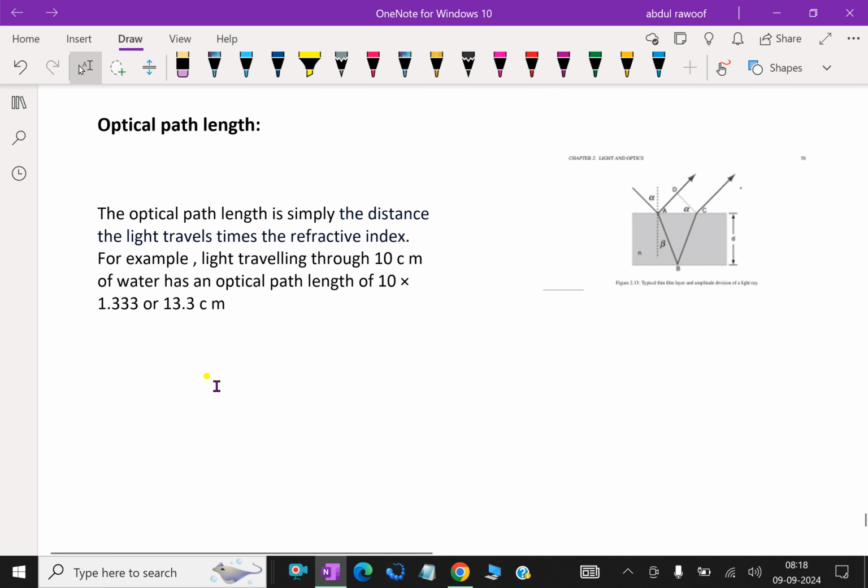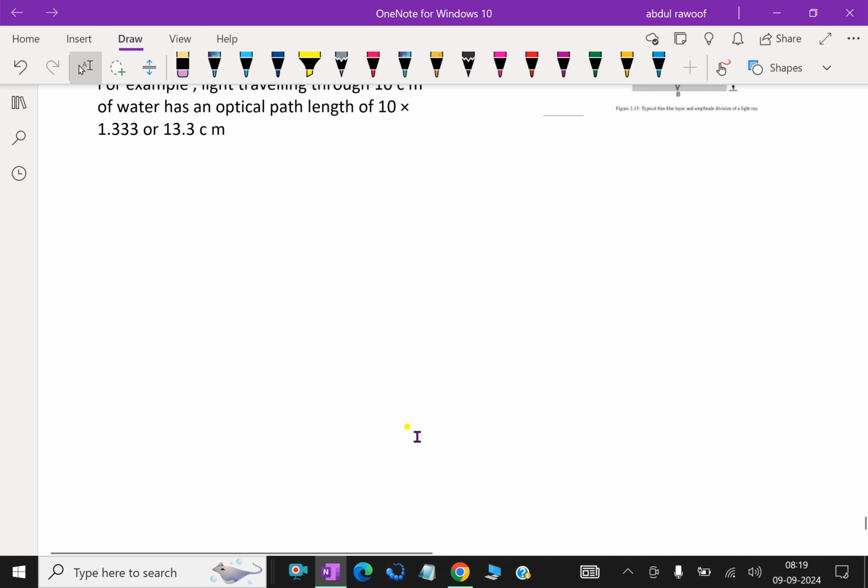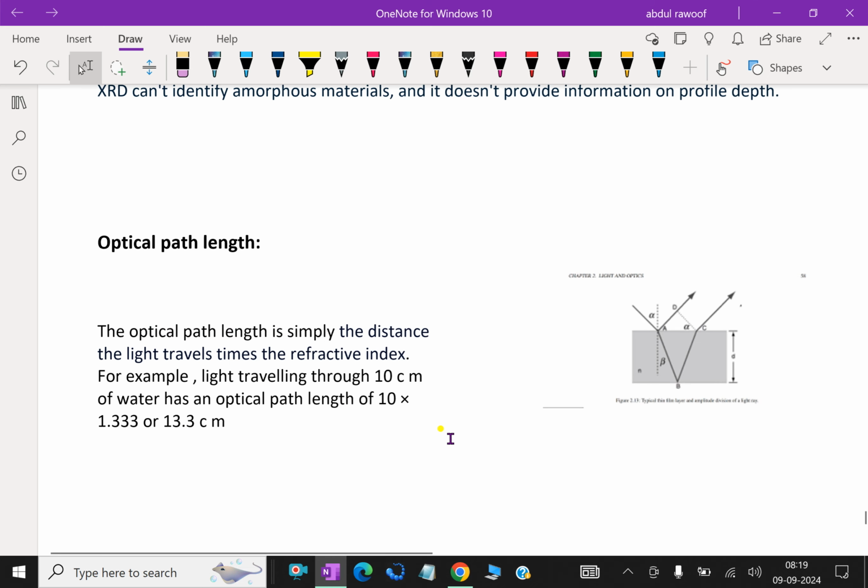Here 1.33 is the refractive index of water. Then suppose this light travels 10 centimeter, its optical path length is 13.3 centimeter, because 10 times 1.33 is 13.3 centimeter.